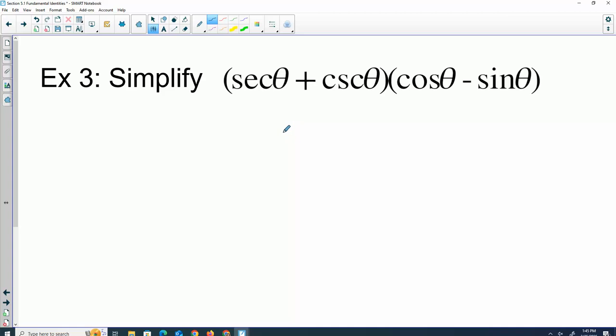What are your thoughts? Well, if you don't know what else to do, change the sines and cosines. What is secant?